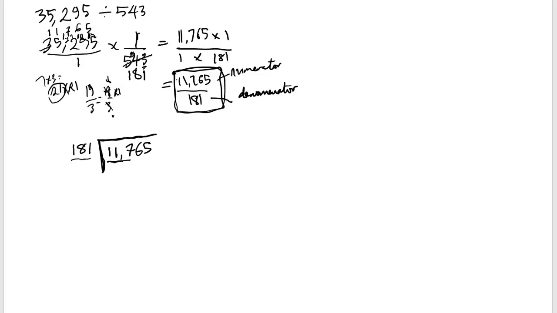So you still proceed to the 4 digits. You now see that 181 is less than 1176, so you first deal with the first 4 digits. The first thing you ask yourself is, if I do 181 times 10, I get 1810.